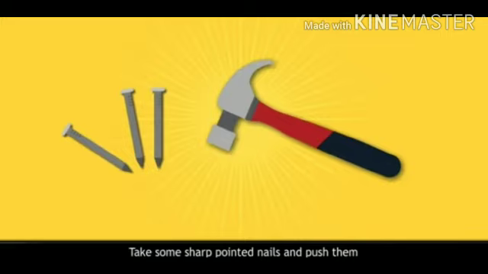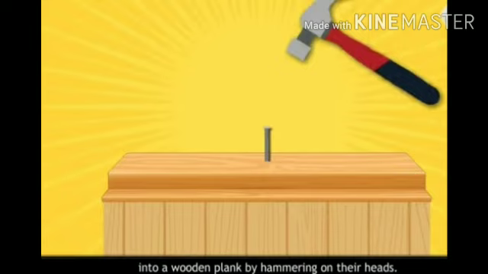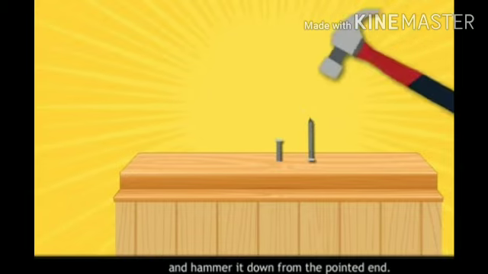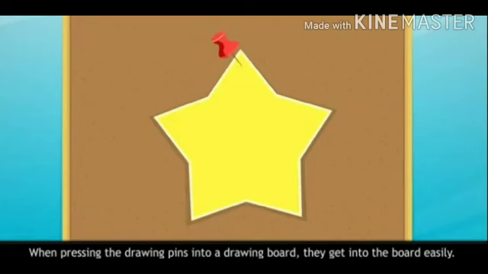Take some sharp pointed nails and push them into a wooden plank by hammering on their heads. Now take a nail and hold it with its head on the plank and hammer it down from the pointed end. Let's see one more activity.